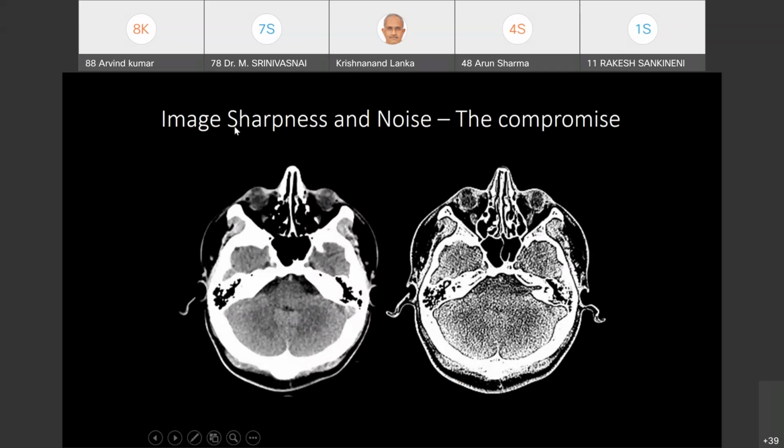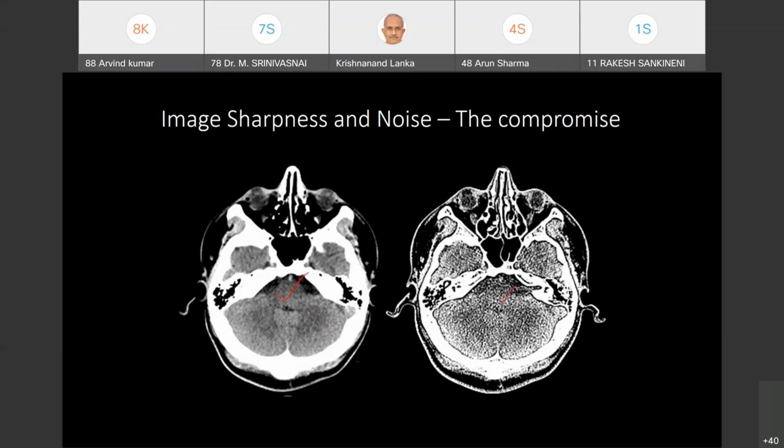So here you can see image sharpness and noise, right? A comparison. If you take this one, normally we mechanical engineers think that this image has a lot of noise, but actually this image has a lot of information, whereas this one actually has more noise.